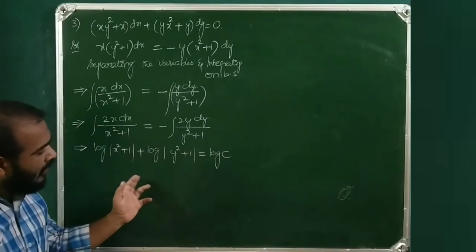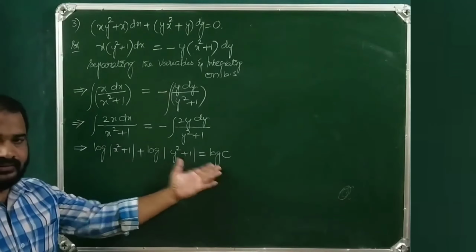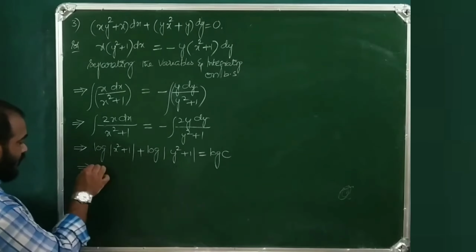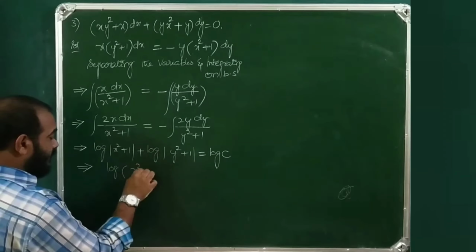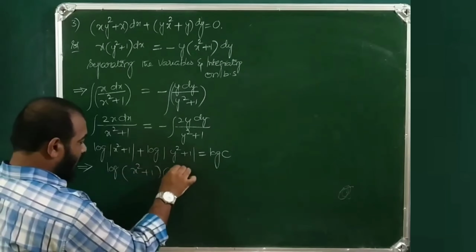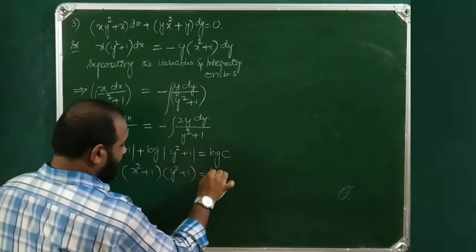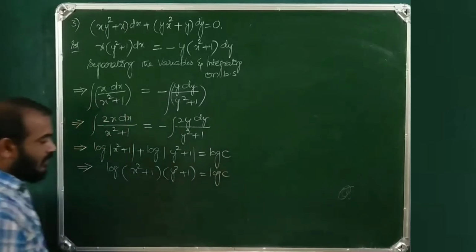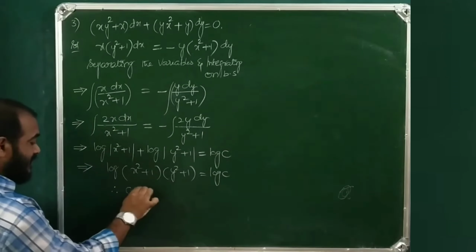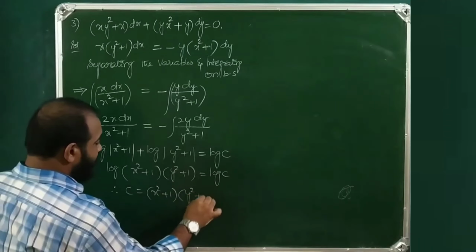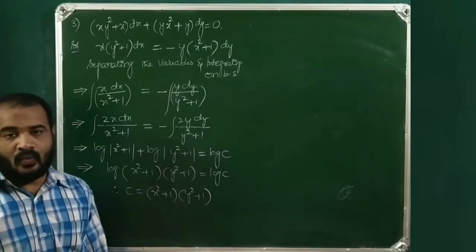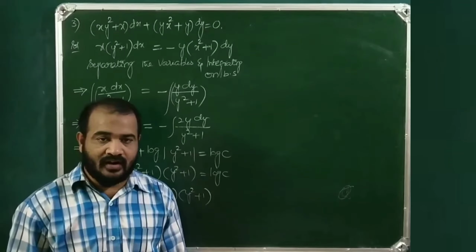So log a plus log b is log ab: log((x² + 1)(y² + 1)) equals log c. Therefore, c = (x² + 1)(y² + 1) is the required general solution.